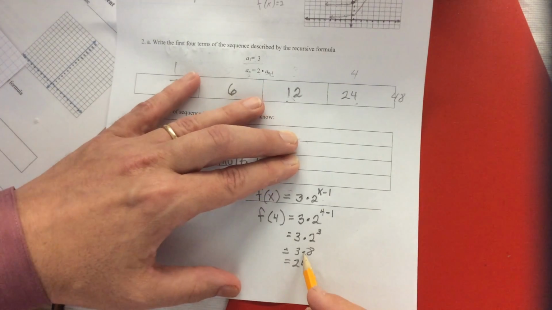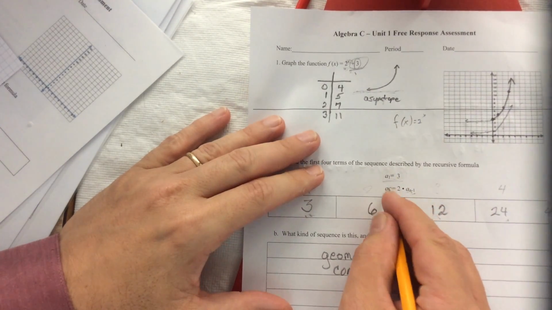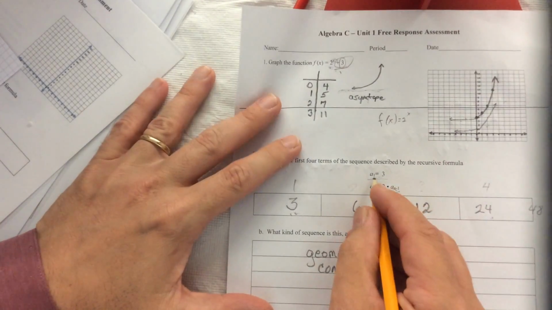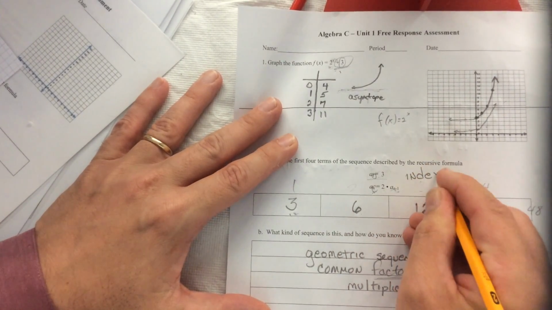If you write a formula and you can't then plug in the number, the index of the term, so the first term, the second term, the third term, that's called the index. This part right here is called the index of the term.